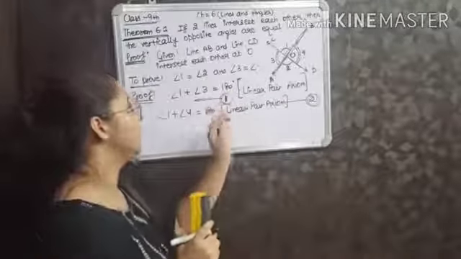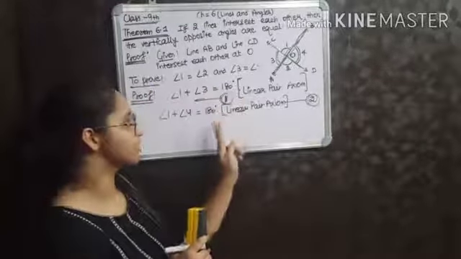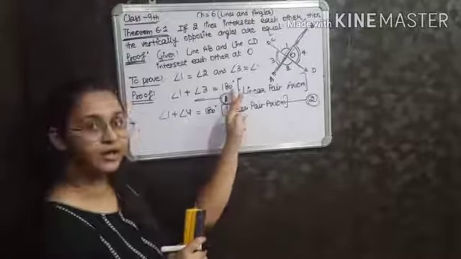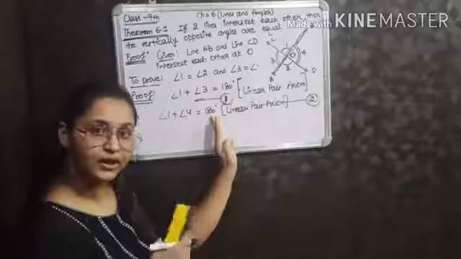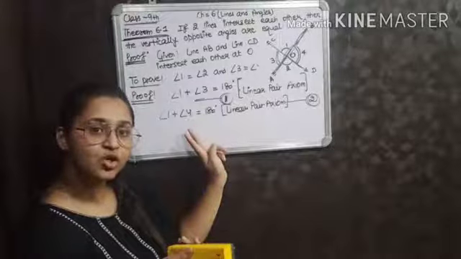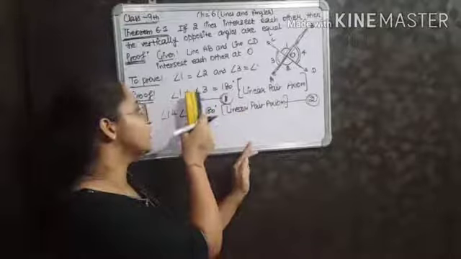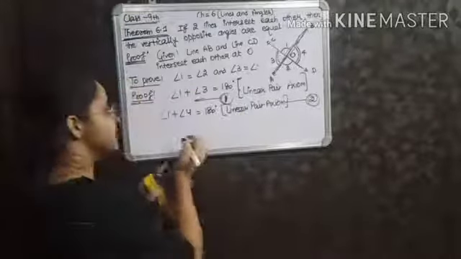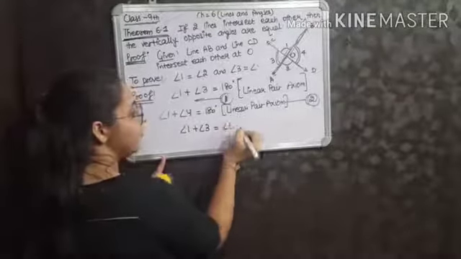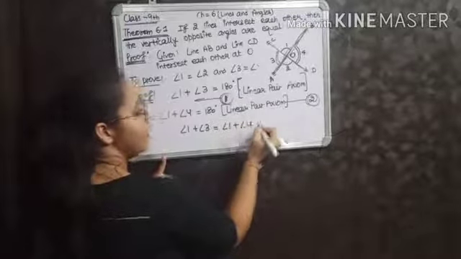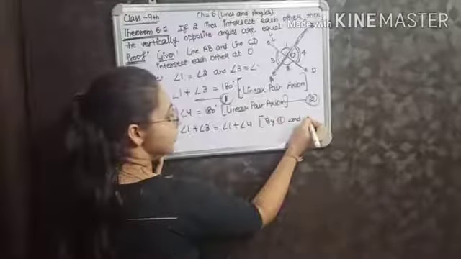Now see very carefully the first equation and the second equation. On the right hand side of these two equations, what is given? 180 degree, 180 degree. If this is 180 degree, this is also equal to 180 degree. So we can say that their left hand side is also equal. Why? Because if the right hand sides of these two equations are equal, then obviously their left hand sides must be equal. So we can say that angle 1 plus angle 3 is equal to angle 1 plus angle 4. Reason: by equation 1 and equation 2.